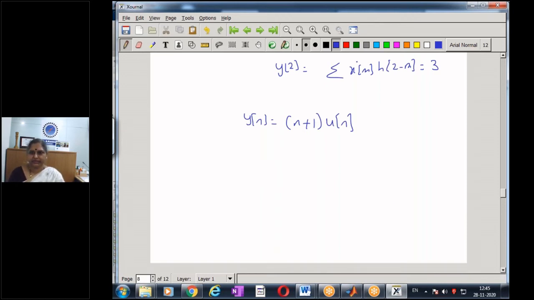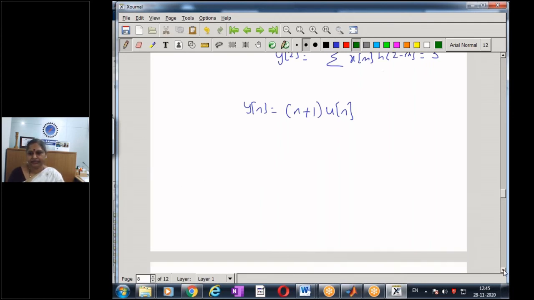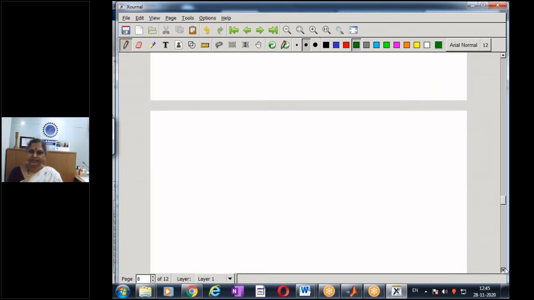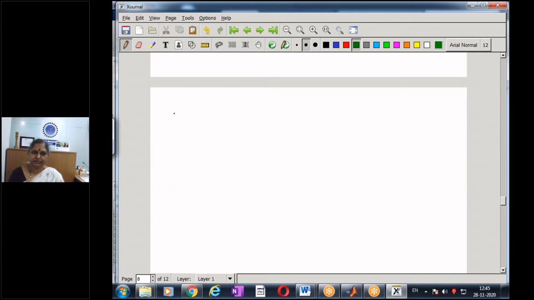We'll take one more example, and that is computing by the matrix method, the third method of computing the convolution sum.